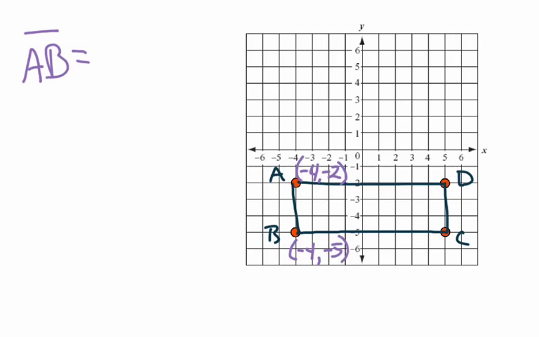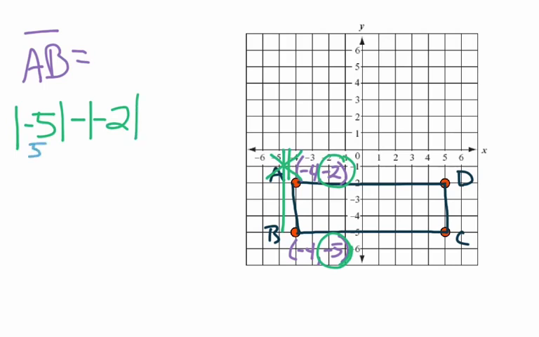Since this is a vertical line, B is 5 away from the x-axis and A is 2 away, but we don't want to include that 2 in the length of this line. So we take the absolute value of the y-coordinate in B, -5, and subtract the absolute value of the y-coordinate in A, -2. The absolute value of -5 is 5, and the absolute value of -2 is 2, so 5 minus 2 equals 3.